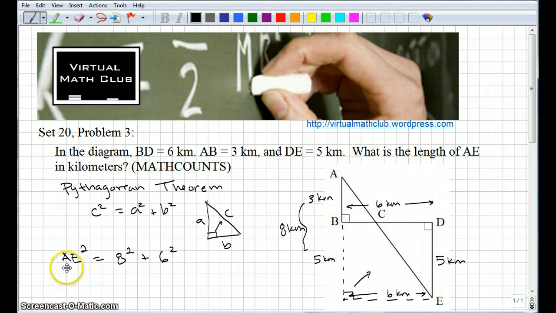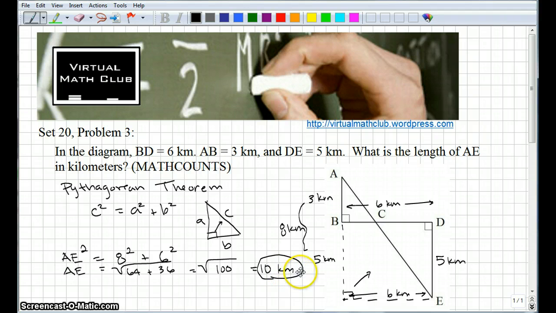If you take the square root of both sides, AE is the square root of 64 plus 36, which is the square root of 100, which is 10 kilometers. And that is the easy way to get the answer.